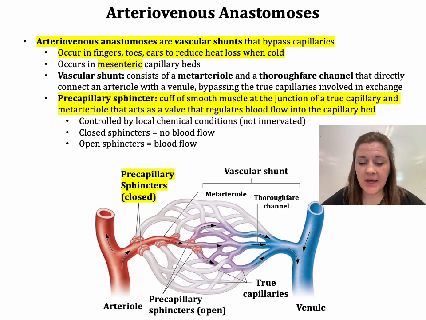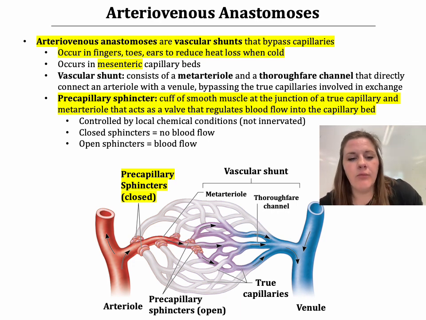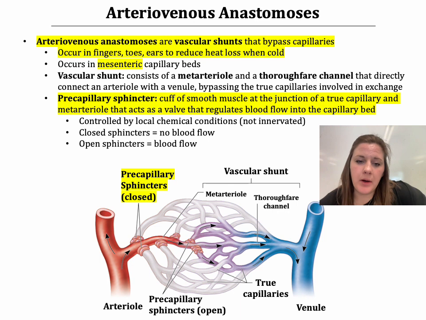Or at other times, they're dilated and blood can flow through that network. So really, it's the precapillary sphincters that are regulating that flow. In the next segment of this chapter, we'll talk about what really controls that, the chemical conditions or the sympathetic nervous system, how it regulates that blood flow.